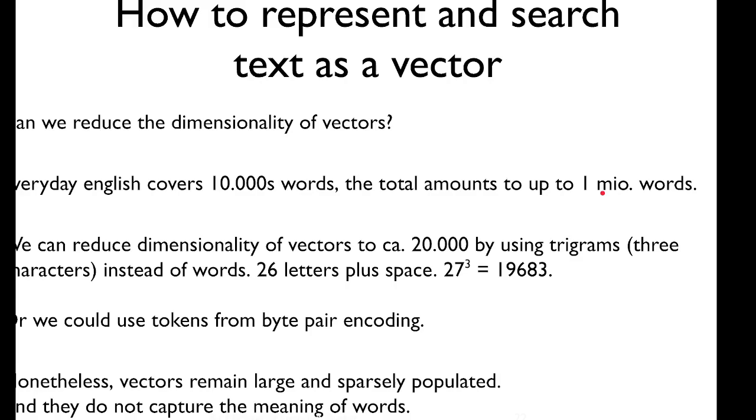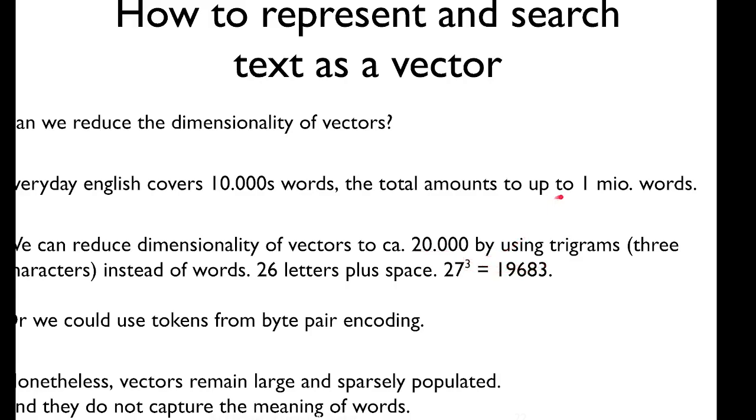Now, we could try to reduce this by going to trigrams. So instead of representing words, we could just have 3 consecutive letters, and that would reduce from the 1 million words, because 26 letters plus a space symbol means 27 to the power of 3 is nearly 20,000.